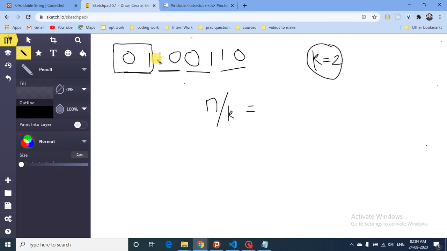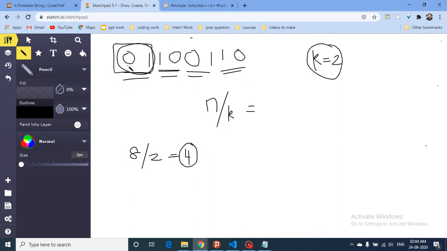Let's assume that the input string is of length 8 and k is 2. So n divided by k gives 4, which means there are 4 parts. You have to divide this string into 4 parts such that it will fold upon itself. You just have to form this k string, then reverse it to form the next part, then again reverse it to form the next part.